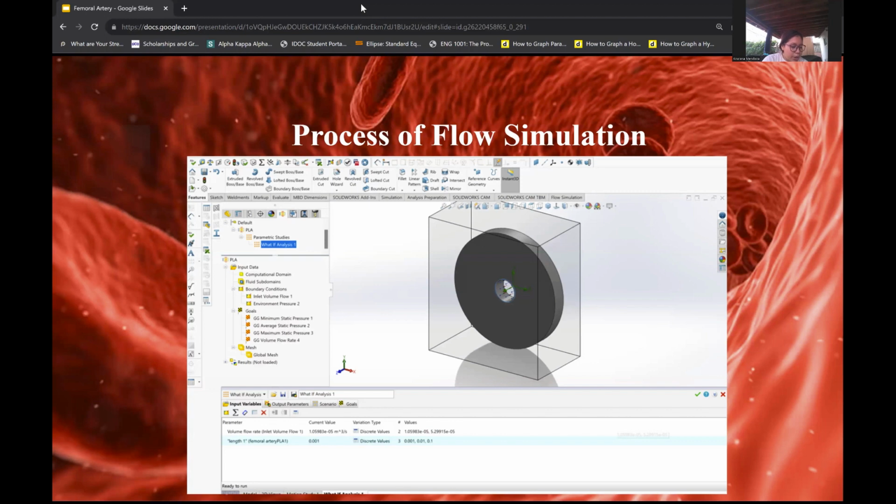Yes, the pressure would be 9,452 Pa, and the flow of blood would be 1.059, about 1.06 if you round it up, meters cubed per second. And that led to running the three lanes in just one simulation overall.